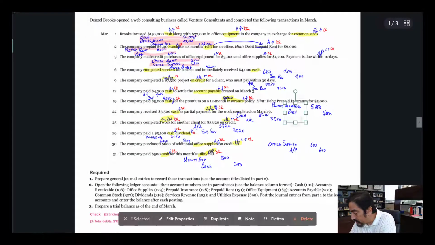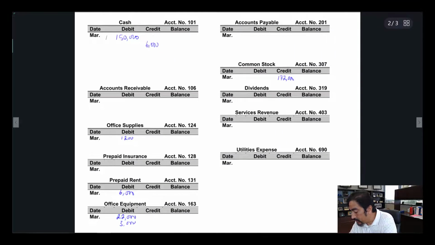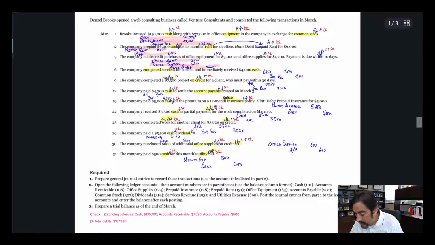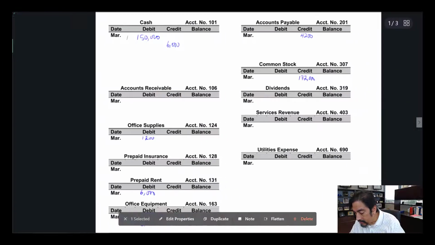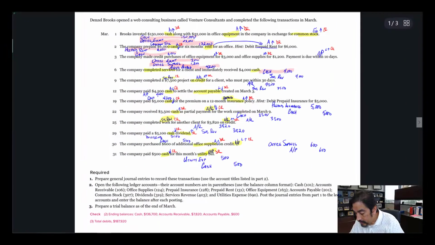And my credit is accounts payable for $4,200. And then I've got a debit to cash for $4,000. And I've got a credit to service revenue for $4,000.